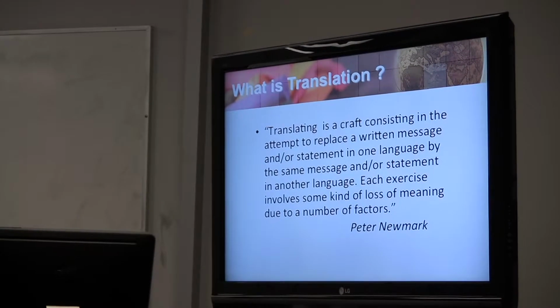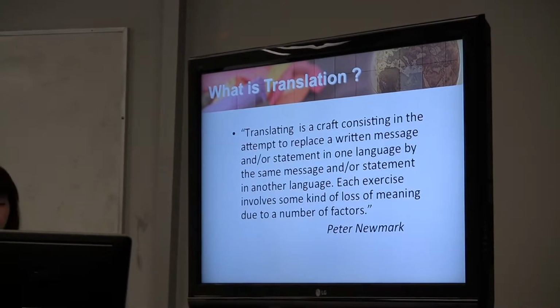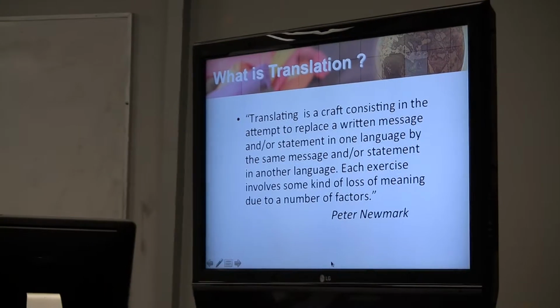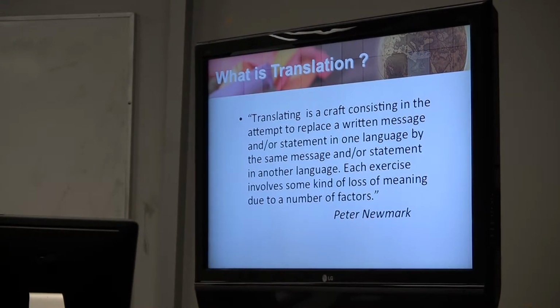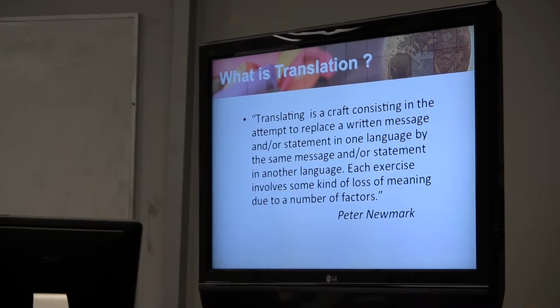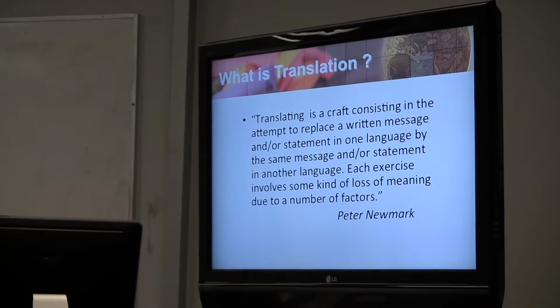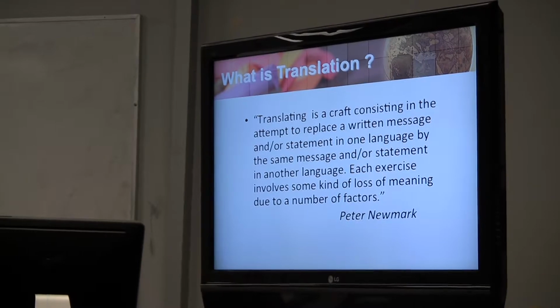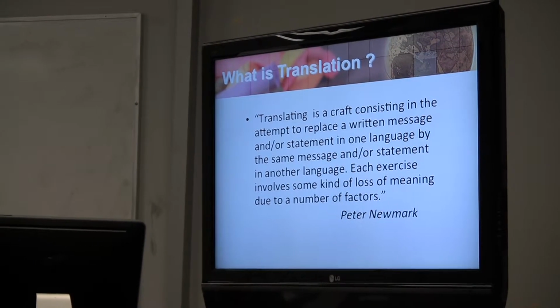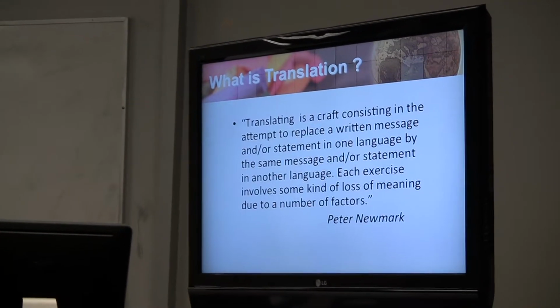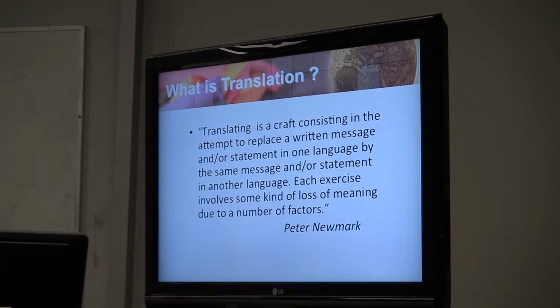Another scholar, Peter Newmark, said that translating is a craft consisting in the attempt to replace a written message and or statement in one language by the same message and or statement in another language. Each exercise involves some kind of loss of meaning due to a number of factors.